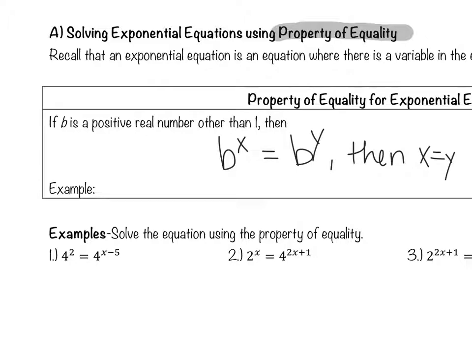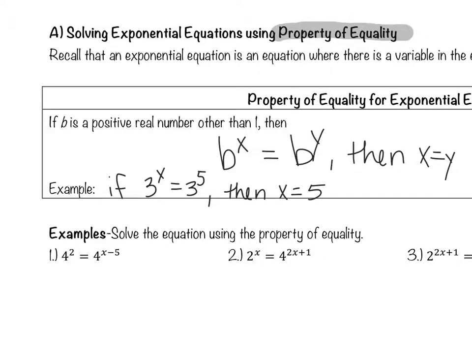So for example, if I had 3 to the x equals 3 to the fifth, then x just equals 5. You just set the exponents equal to each other. So this is pretty cool. If it works out, it makes this pretty quick.